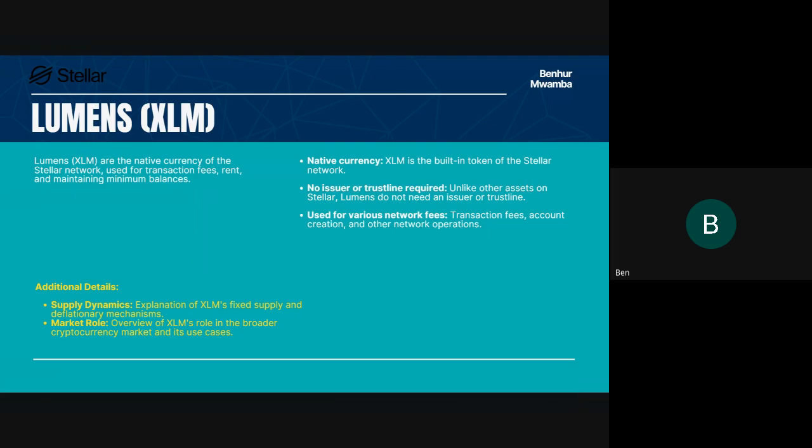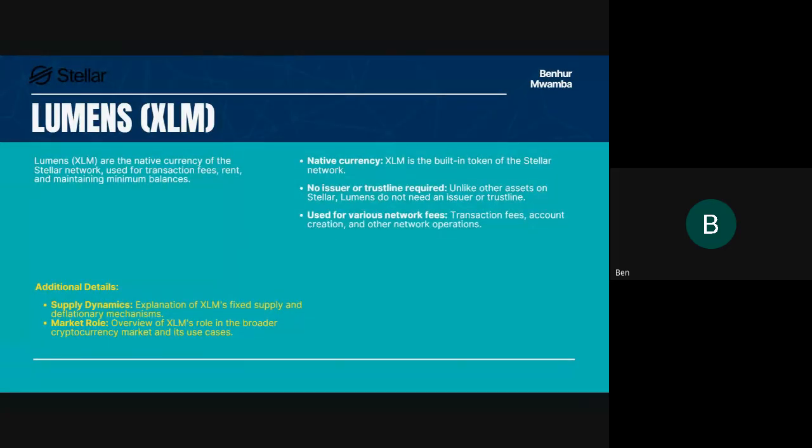Okay, lumens. The lumens, also abbreviated as XLM, are the native currency of the Stellar network. It's used for transaction fees, rent, and maintaining minimum balances.